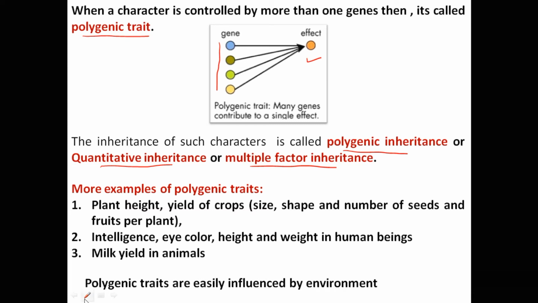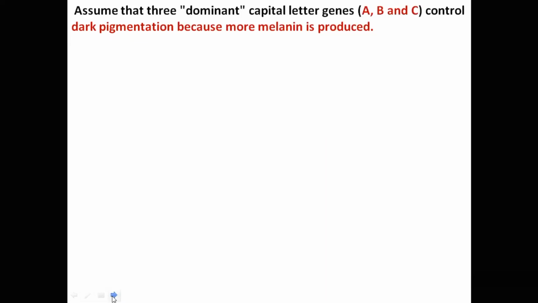For example, although a person has inherited skin color from its parents, skin color is affected by the amount of exposure of the person to sun also. Similarly, height also depends upon a person's nutrition. Assume that three dominant genes capital A, B and C control dark pigmentation because more melanin is produced.